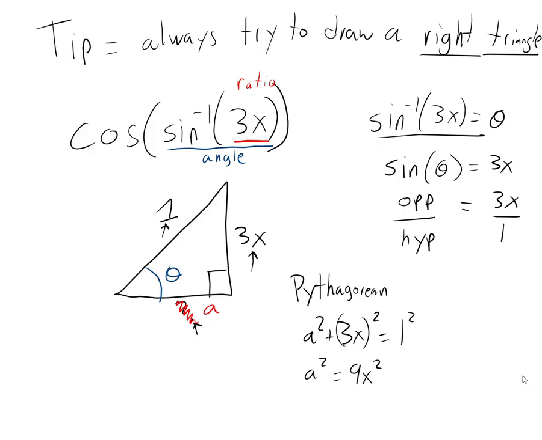Oh, sorry, I jumped a little bit ahead. a squared equals, just moving something over, 1 minus 9x squared. Once again, we want to take the inverse. What is the inverse of the square? We're going to take a square root: the square root of 1 minus 9x squared. That I can replace with a.